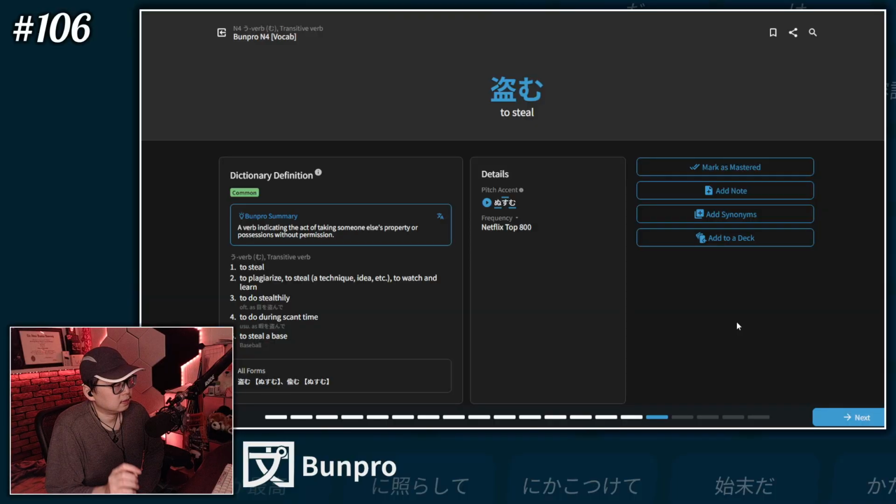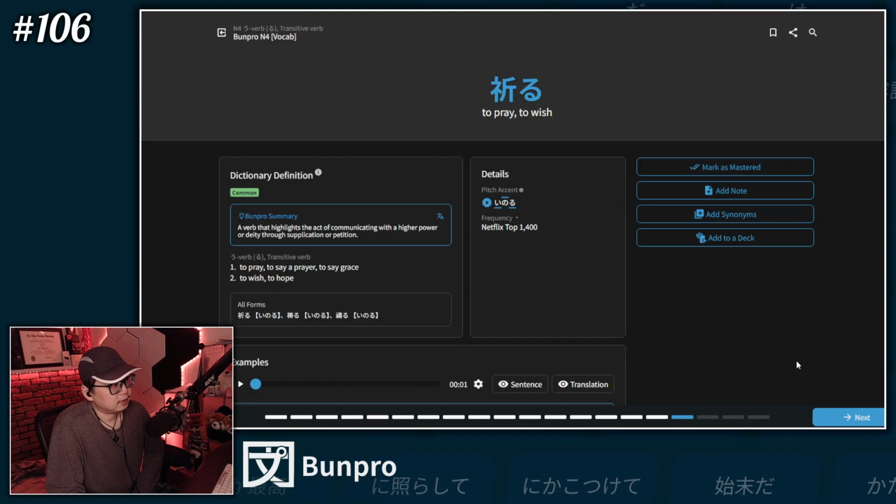And then it's a verb that highlights the act of communicating with a higher power or deity through supplication or petition. Petition. Okay, I see. Supplication. That's interesting.